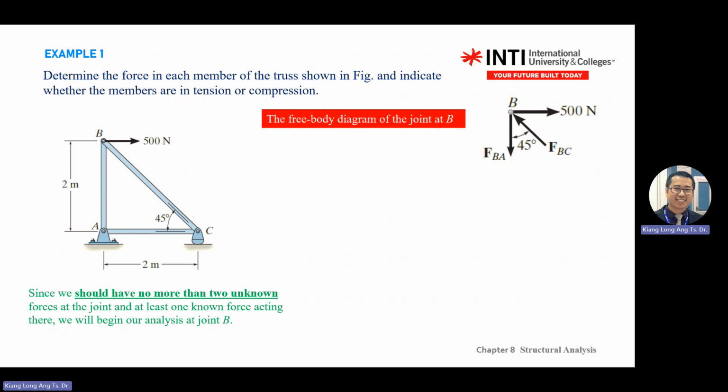If you draw like this, you already drew this free body diagram, FBC is this, so it is sine. If you give this free body diagram, your answer is sine. Then equals 0. So you're able to find FBC equals something Newton. So press your calculator. What value do you get?